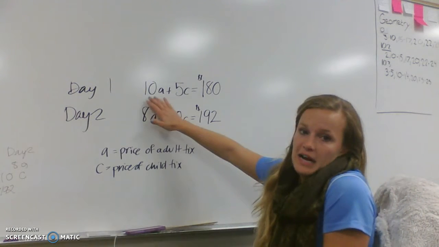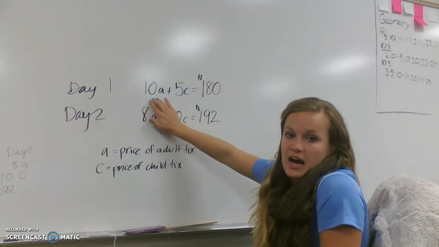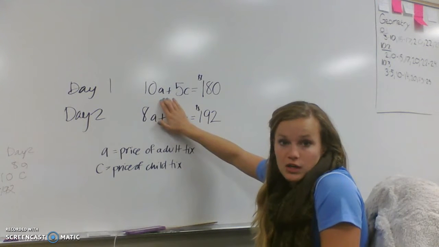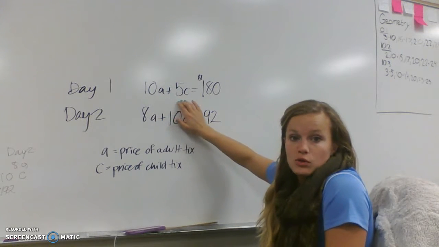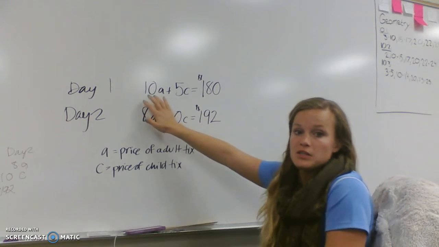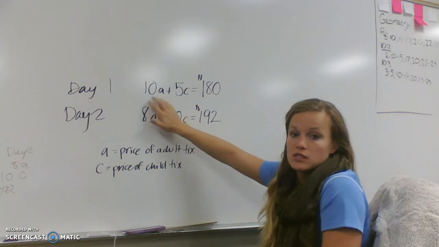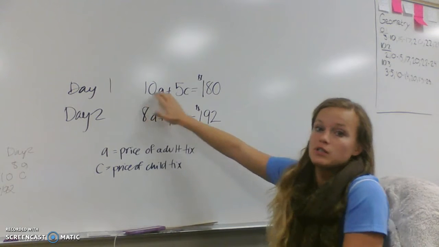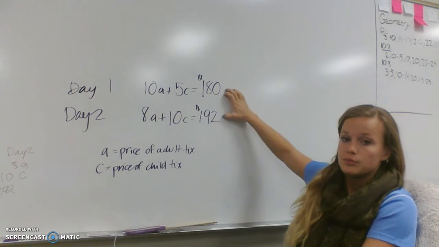If I multiply the 10 tickets that I sold times the price for adults, plus 5 tickets that I sold times the price for children, that is going to give me the total amount. So 10 times adult is going to give me a dollar amount that I made from adults, all going to the total.